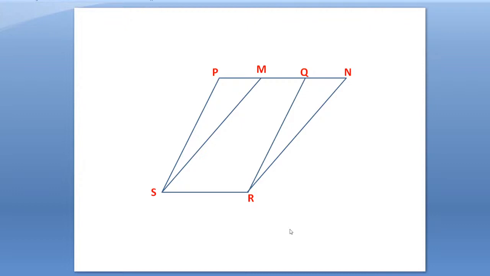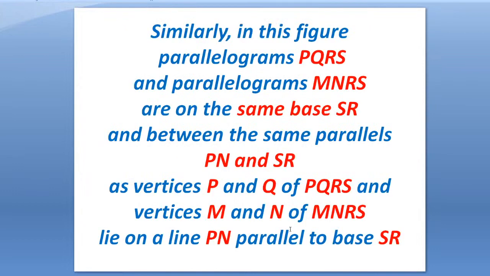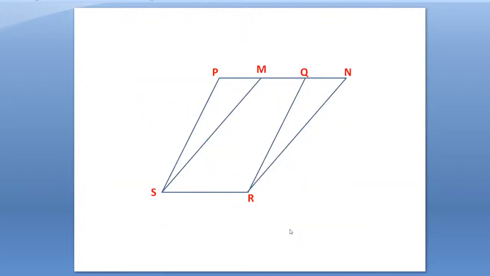The vertices P and Q of PQRS, M and N of MNRS lie on a line PN parallel to base SR. Try to understand, this is important.